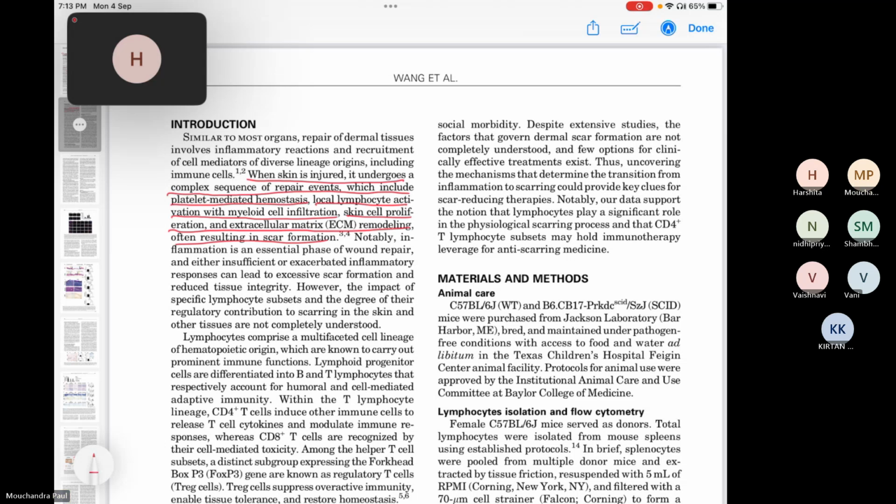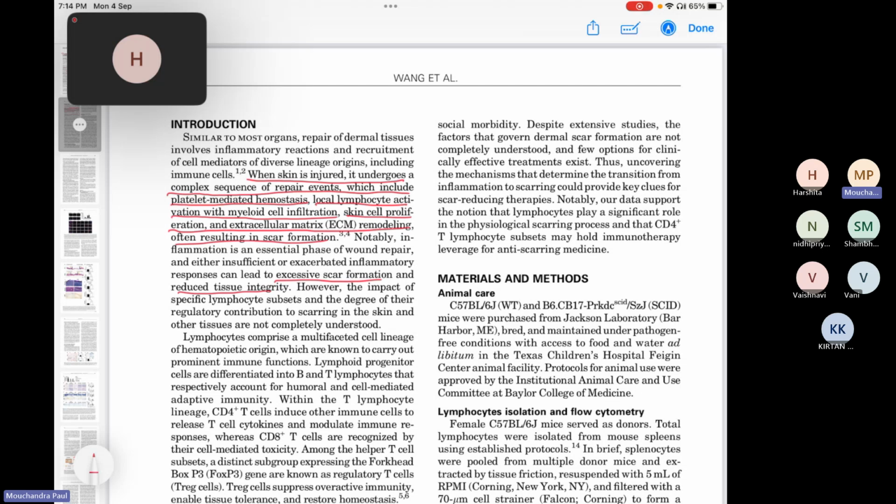The inflammation process is an essential phase of wound healing, because if the inflammation doesn't happen at all, or the degree of inflammation is very low, or if it is very, very large, then both responses can lead to excessive scar formation, and thus the tissue integrity will be reduced.